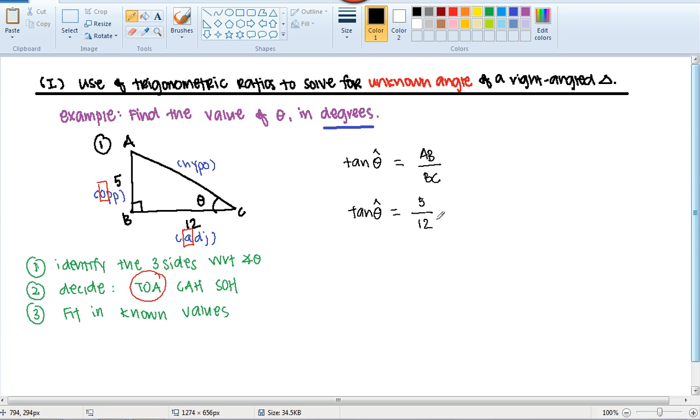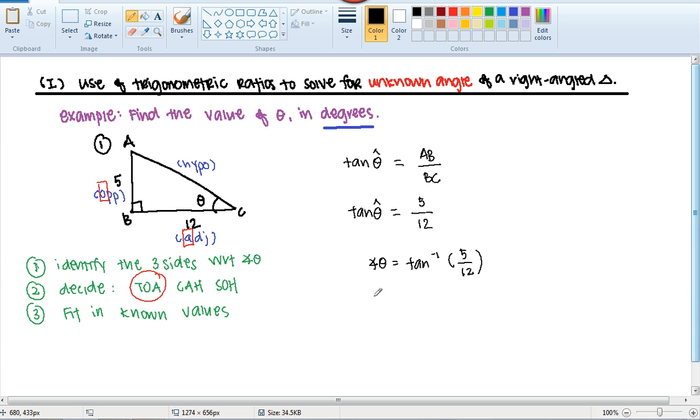If you recall in the earlier part, slightly before this lesson, we learned how to make use of our calculator's inverse function to find the value of theta when given a trigo ratio. So the value of my angle theta is tangent inverse of 5 divided by 12.